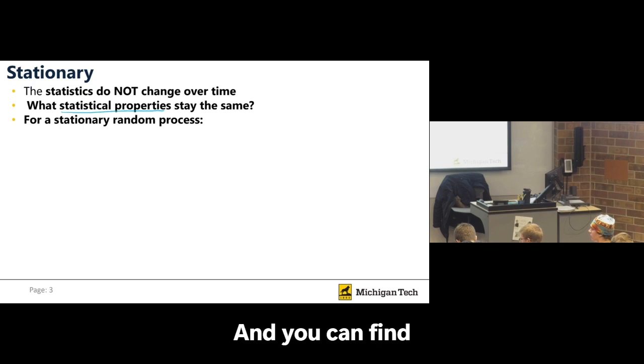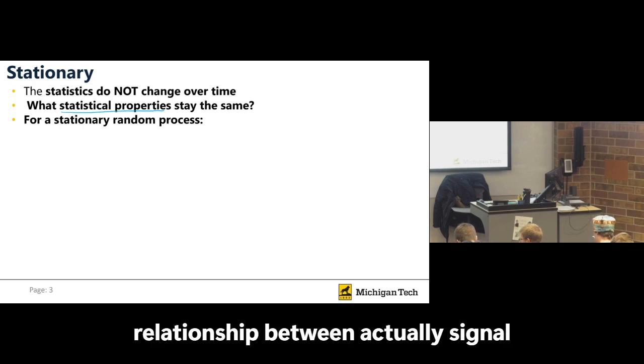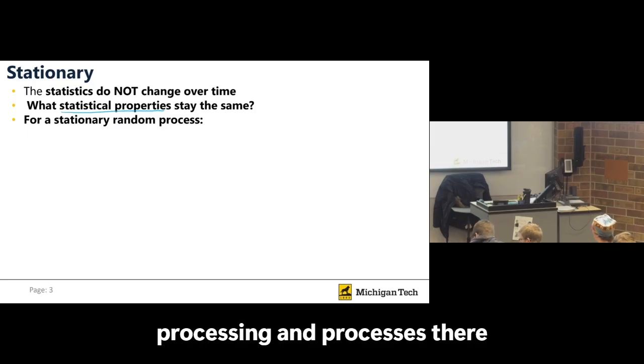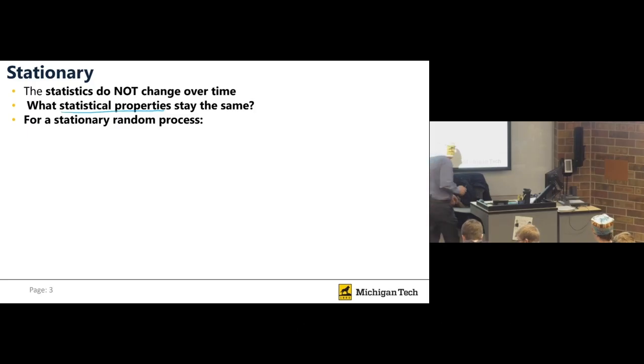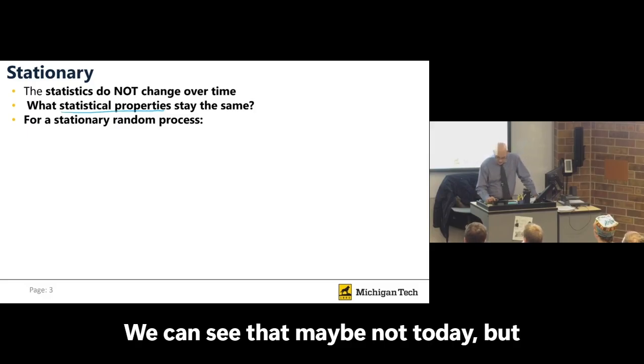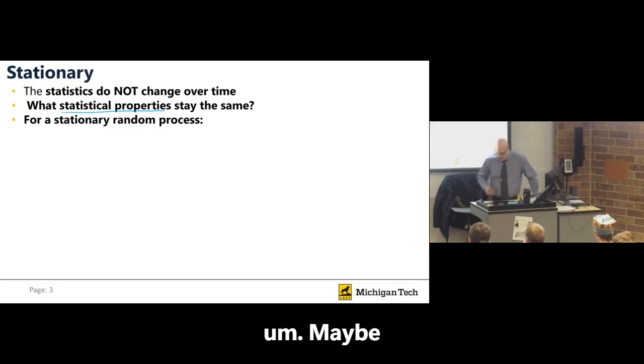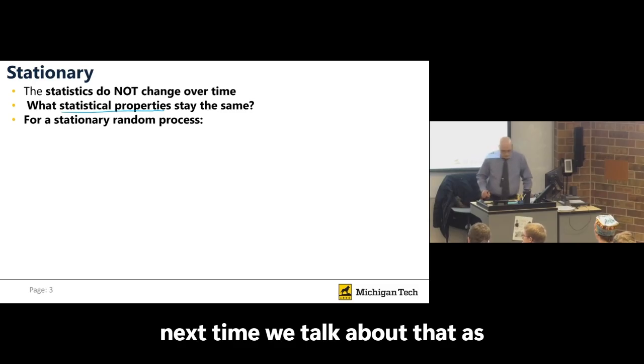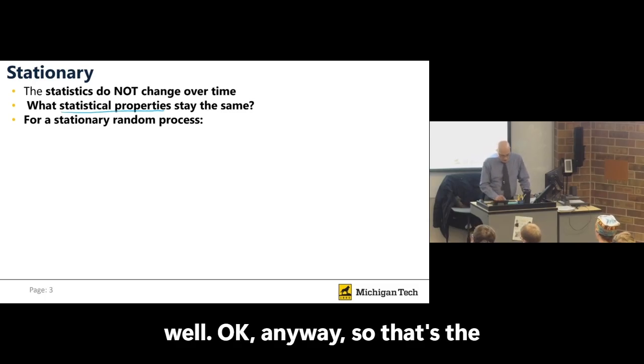And you can find a relationship between signal processing and processes there too. We can see that, maybe not today, but maybe next time we talk about that as well. Okay, anyway, so that's stationary.